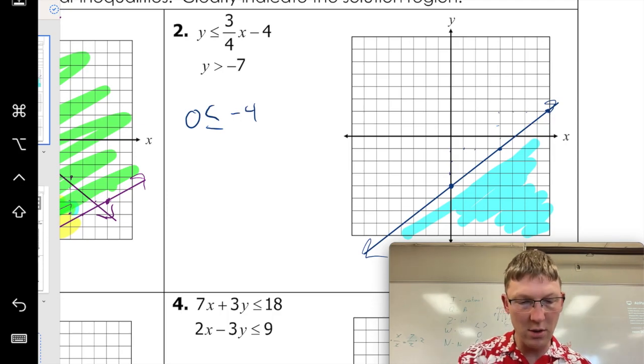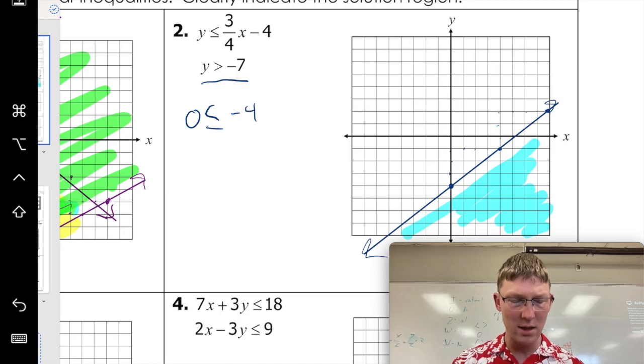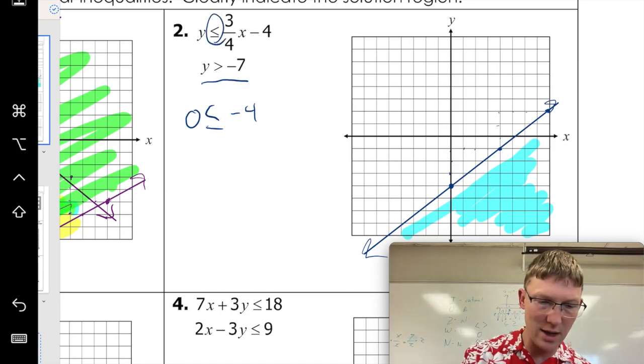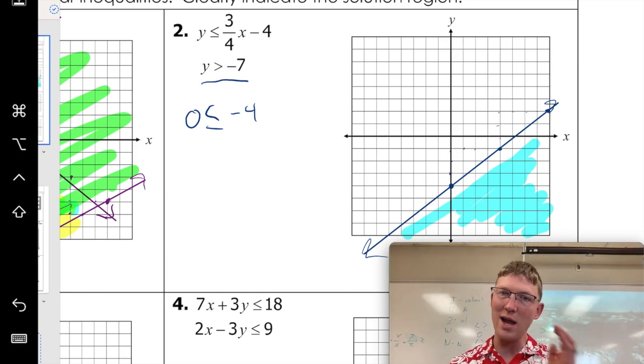So then when we want to graph this other one, so number 1, notice that it's not a greater than or equal to. So technically you're supposed to use a dotted line. I'm not going to get really particular about that, but just so you know. So then it says y is greater than -7. So that's kind of like a y equals -7 line that we would do.